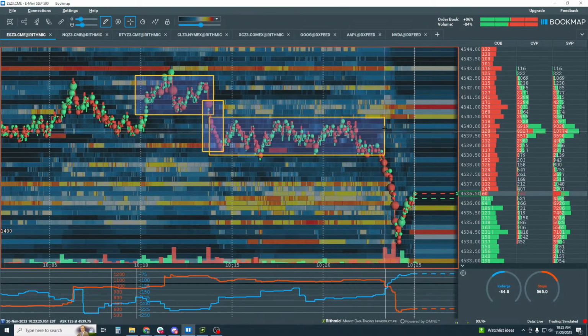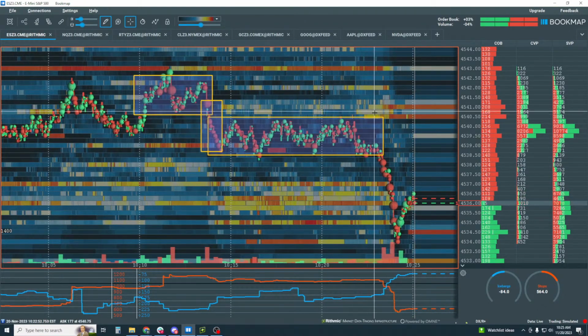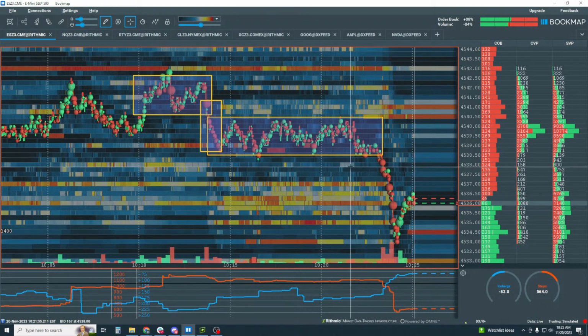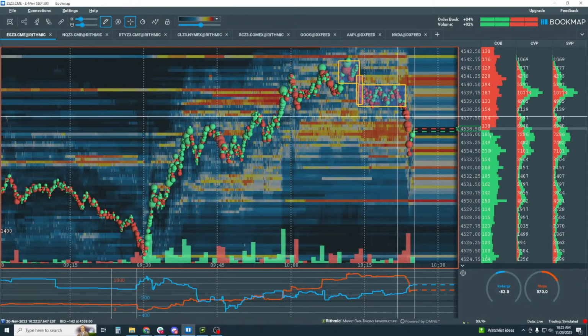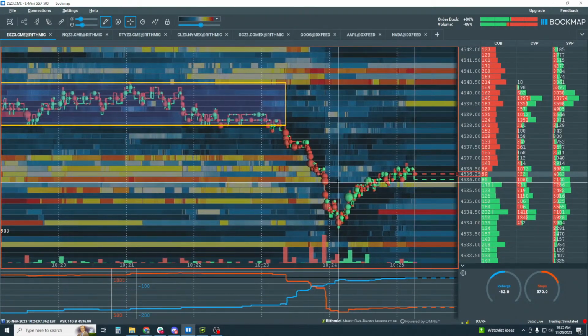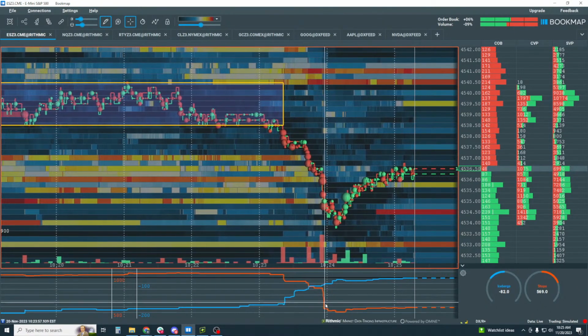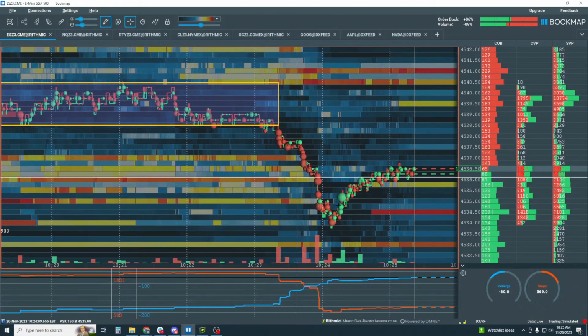I don't see much actually on the offer to give us too much insight here. Some up here for sure, and then they pulled a little bit here, but not a whole lot. Looks like some heavy selling coming in and hitting some pretty big stops along the way here. We have 500, 600, 700 stops in here or so.